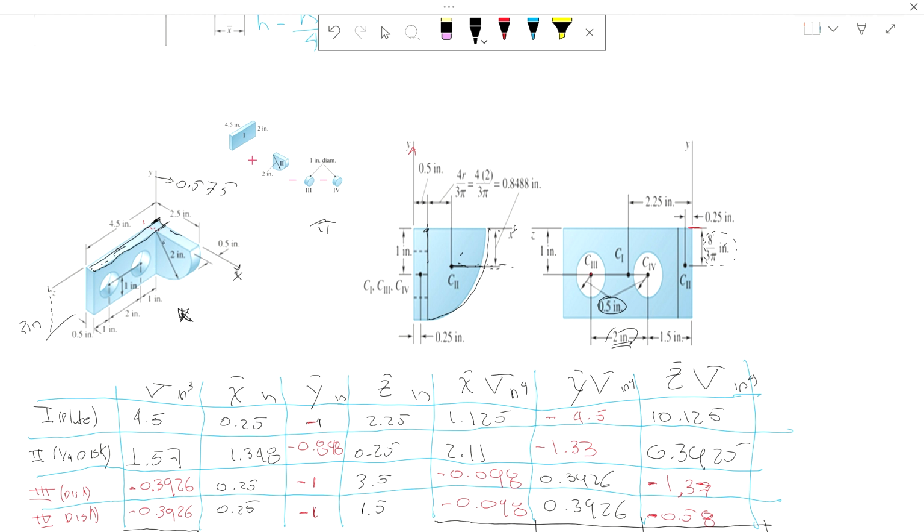Therefore, the centroid is going to be negative. So the y coordinate is negative 0.95, meaning that it's somewhere over here, almost at 1.